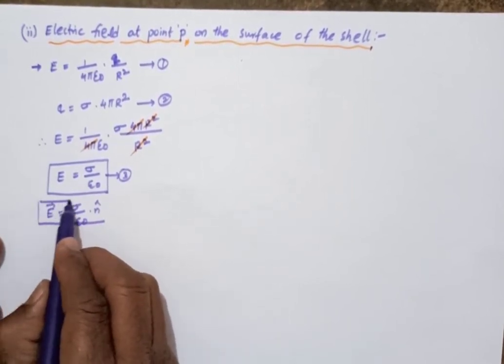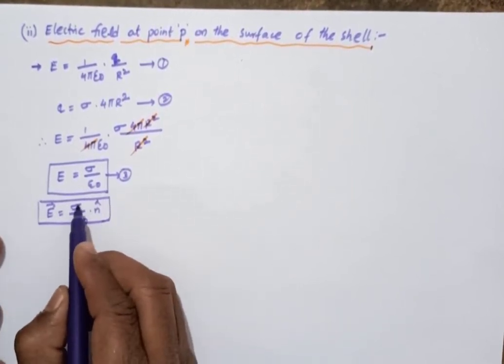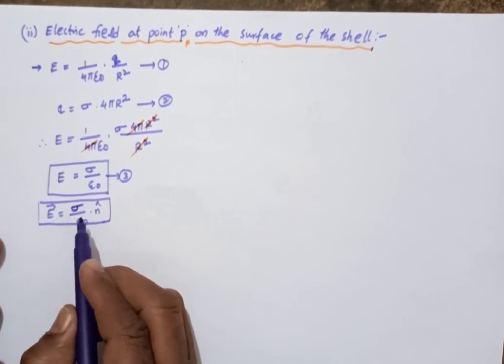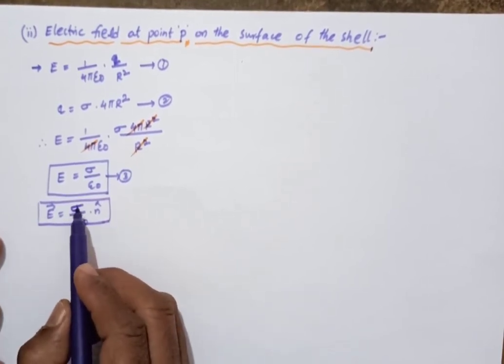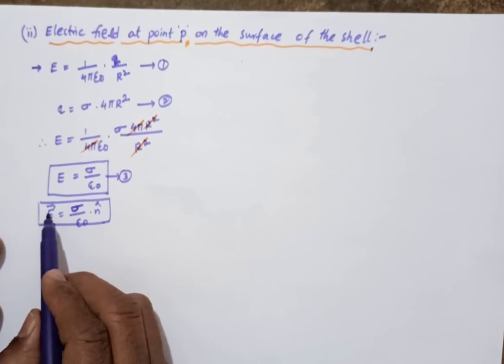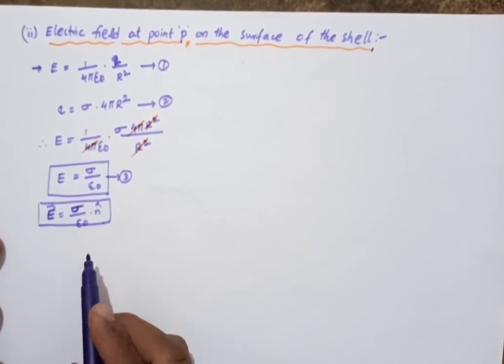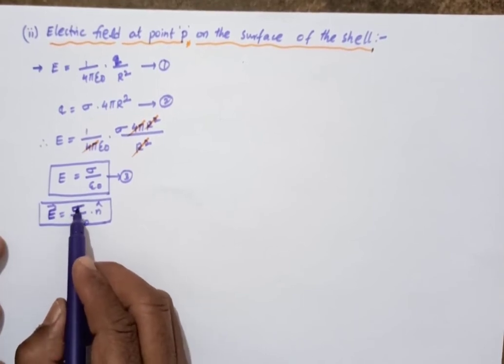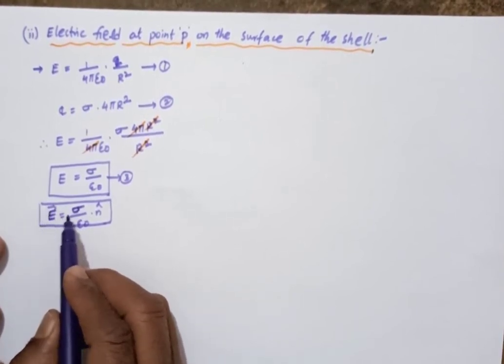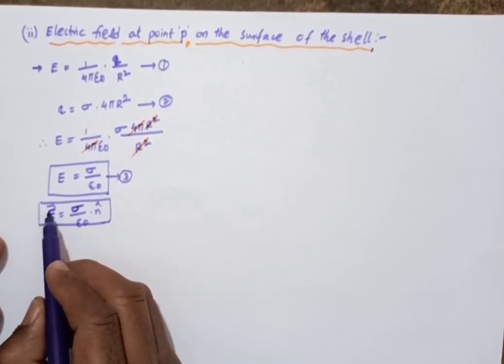Okay, this is the direction when sigma is positive: it is the outward direction. When sigma is negative, the direction of E is the inward direction.